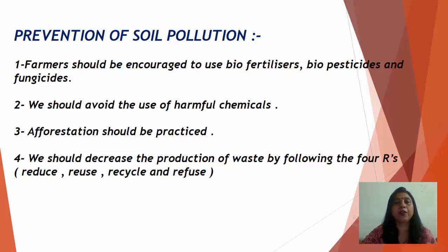Instead of using chemical fertilizers, we should use biofertilizers such as compost and manures. We should avoid the use of harmful chemicals. That means chemicals which are artificially synthesized: fertilizers, pesticides, insecticides, weedicides, fungicides. We should not use them. We should avoid their use.